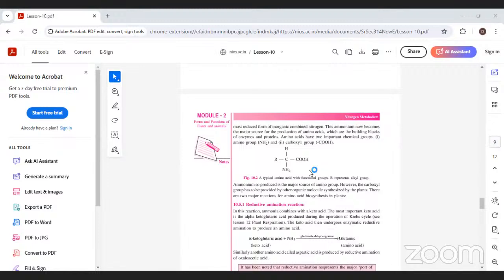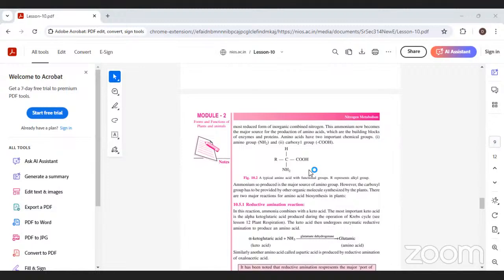Ammonia is the major source of the amino group. However, the carboxylic group has to be provided by other organic molecules synthesized by the plants.